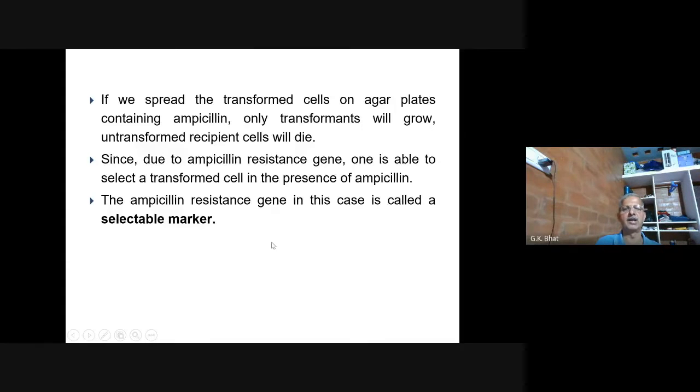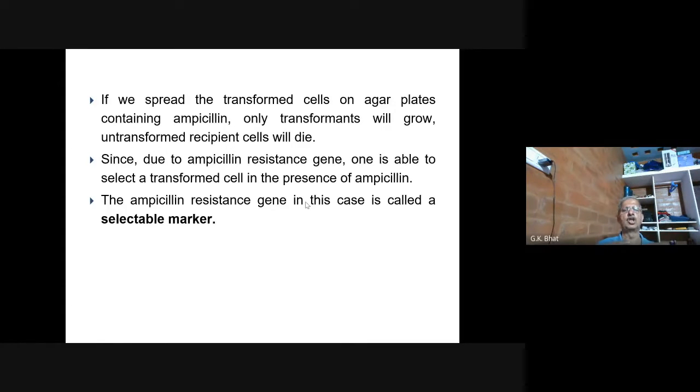Once E. coli gets this plasmid with the ampicillin resistance gene, it can survive when put in ampicillin.